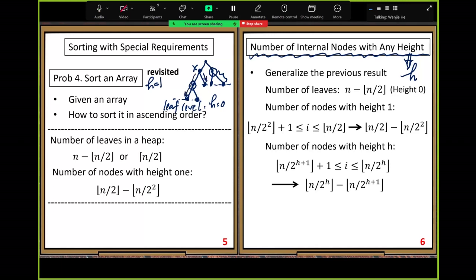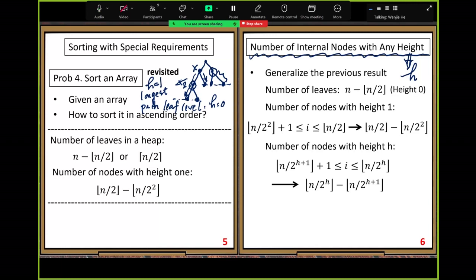When we count the height, we use the longest path. Here, the longest path has edge number 2, so we treat this as height 2. This is the correct understanding of this height concept.